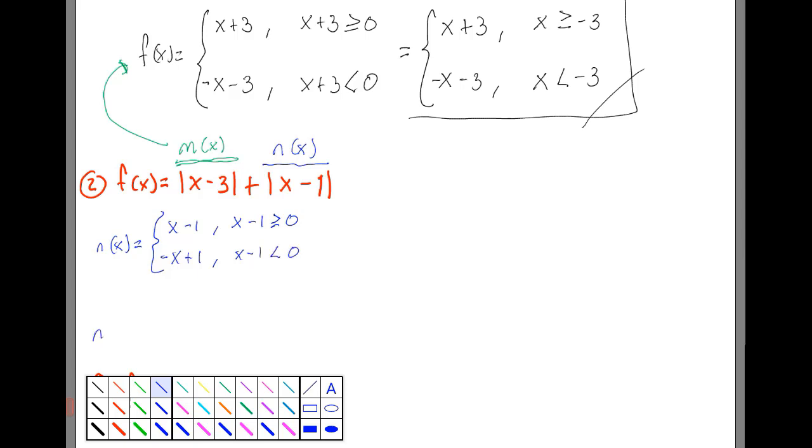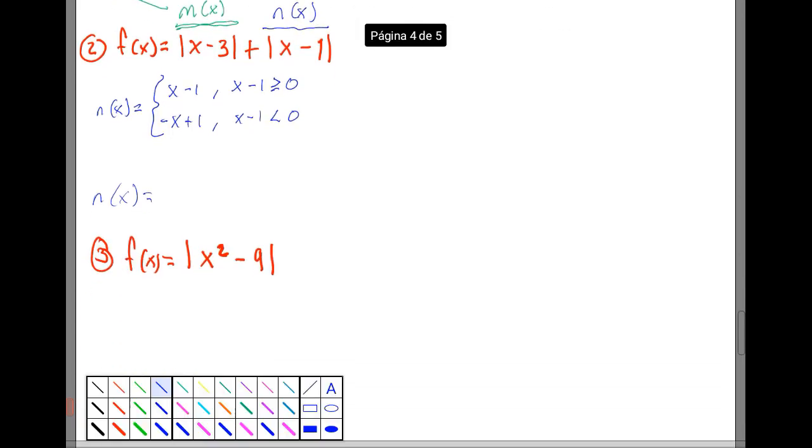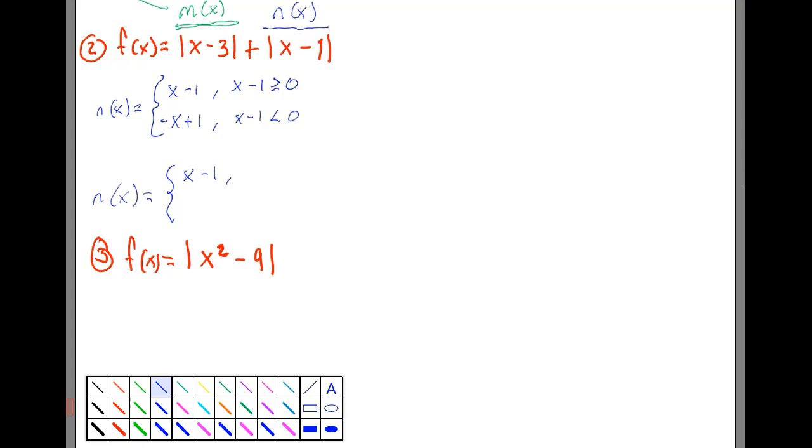I will simplify it down here using the way we have just learned. We cannot simplify this part. However, we can simplify the intervals. So it is for values of x that are greater or equal than 1, and for values of x that are less than 1.